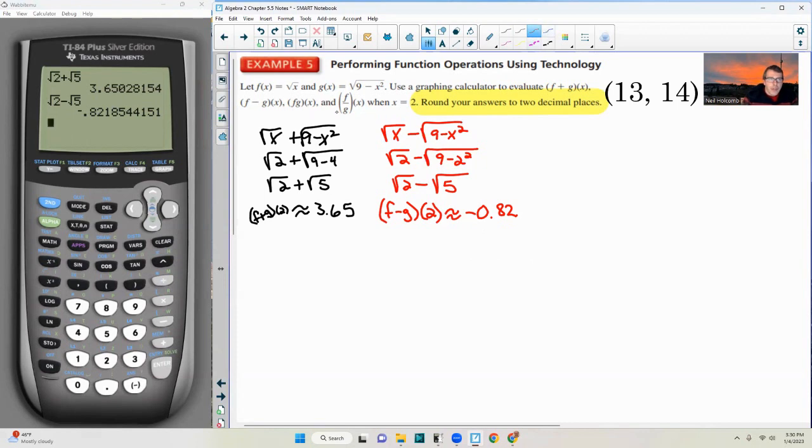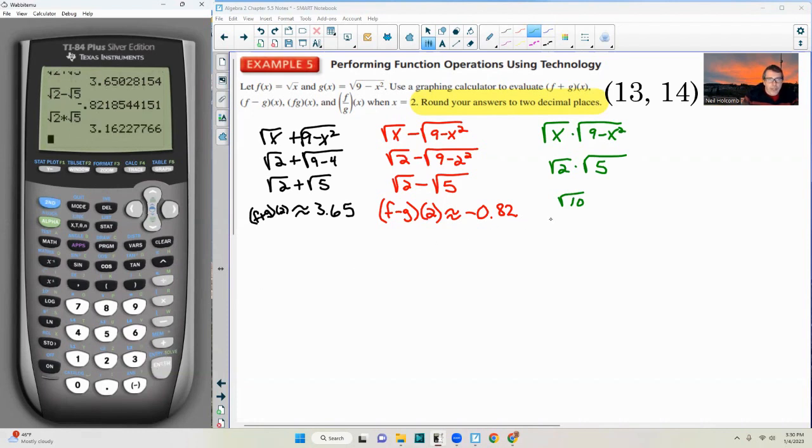And the third one, f times g of x, that's the square root of x times the square root of 9 minus x squared, or the square root of 2 times the square root of 5, which is the square root of 10, or is it? So let's see, the square root of 2 times the square root of 5, enter.